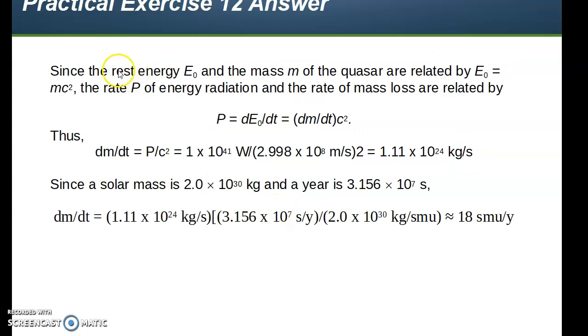Since the rest energy and the mass of the quasar are related by this equation right here, the power of the energy radiation and the rate of mass loss are related by power equals dE/dt, the change in energy with change in time, which is the change in mass per unit time, times c squared. So dm/dt is P over c squared, right?